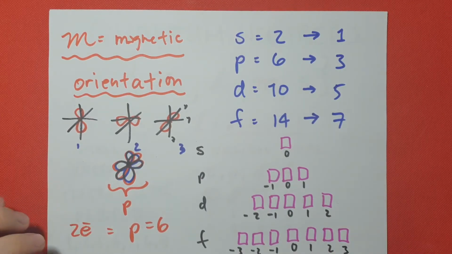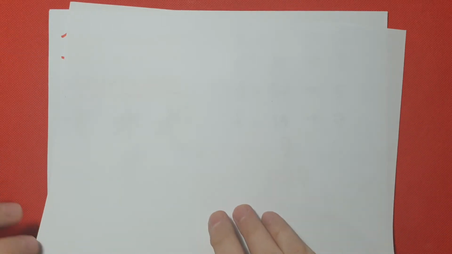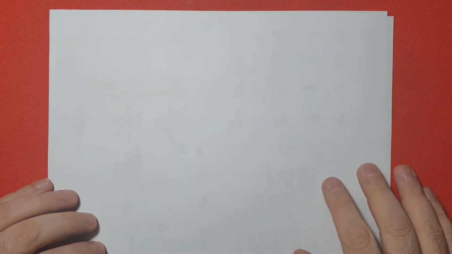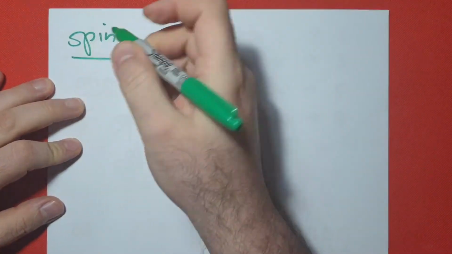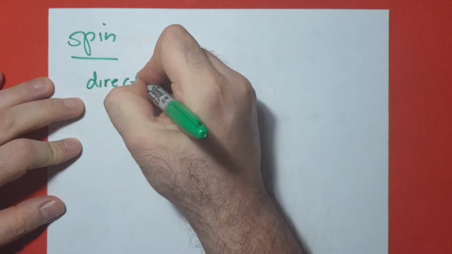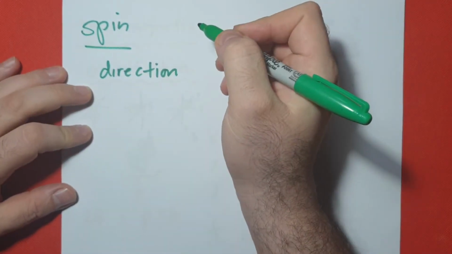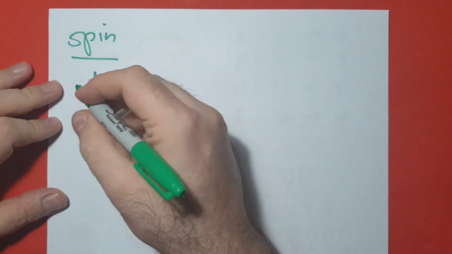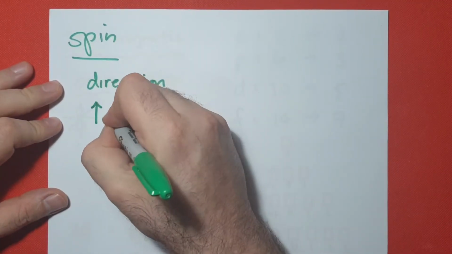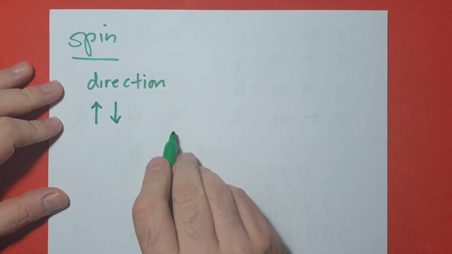Last but not least, let's speak about the spin quantum number. And the spin quantum number is very straightforward. The spin quantum number is only going to tell us the direction in which the electrons are spinning. And this is not up or down, left or right, it's just relative, right? So the direction can be upward or downward when we draw our little diagram of orbitals.